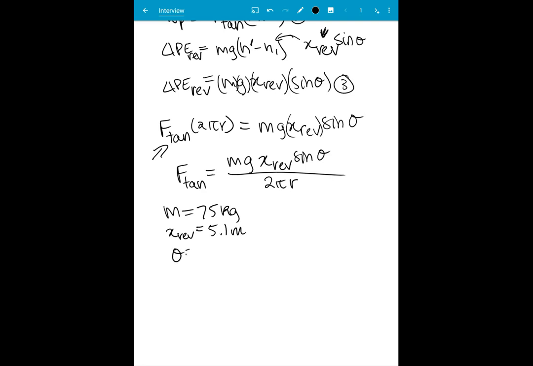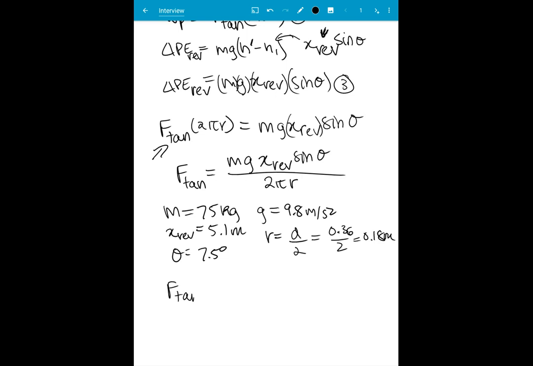We know theta is equal to 7.5 degrees. We know the acceleration due to gravity is equal to 9.8 meters per second squared. We know radius is equal to the diameter over 2, which is equal to 0.36 over 2, which is equal to 0.18 meters, right?